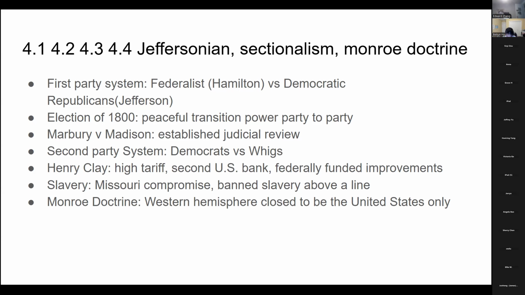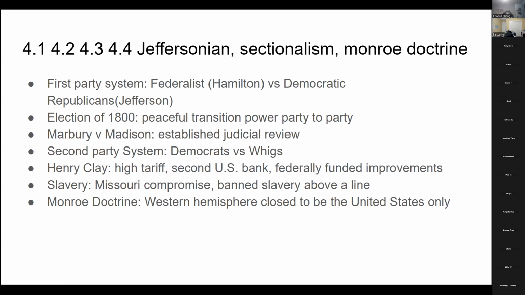So pretty much what it did was allow the government, in a time of need, right, to do what is necessary and proper for the government to uphold its values. And then around this time, the Democratic Republicans pretty much ended up becoming the majority, right? And because of that, they ended up inevitably splitting into two, and they formed the Democrats and the Whigs. So that is the second party system, Democrats versus the Whigs.